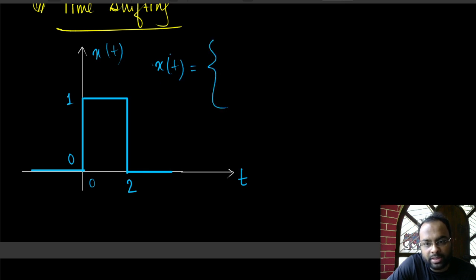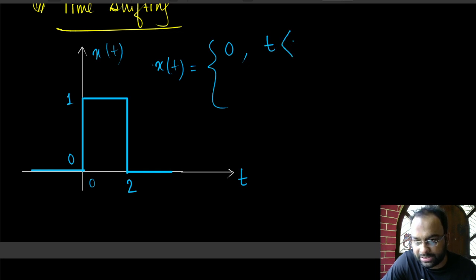First of all, what is the definition of this signal? Try to figure that out first, mathematically, because one of the primary goals of this subject is figuring things out mathematically, right? So here I can say the value of the signal is 0 when time is less than 0.